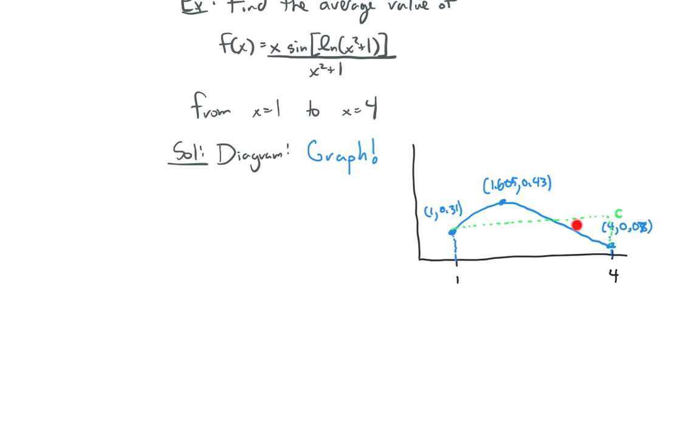But we know for sure that c is going to be less than the maximum, which is 0.43, and greater than the minimum, which is 0.07. So at least we have a place to start.